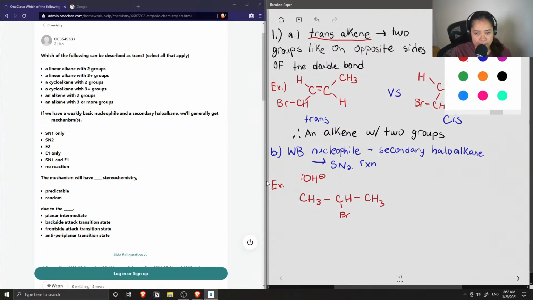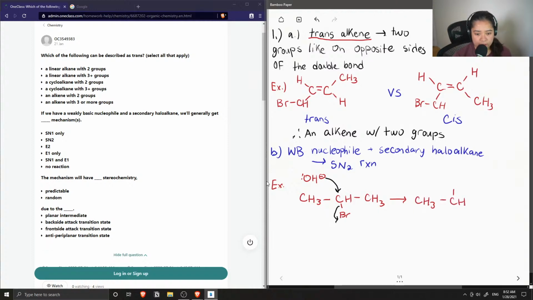And in this mechanism, our weak base will attack the carbon from the opposite end and then kick off the bromine, which is our leaving group in this situation. And now we are left with an alcohol group on our carbon chain plus the bromine that has been kicked off.